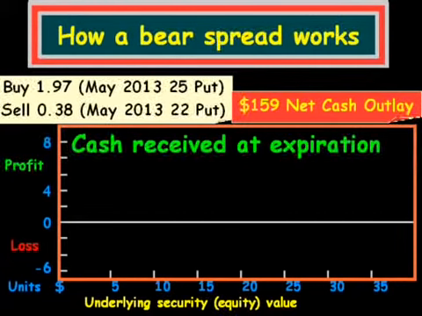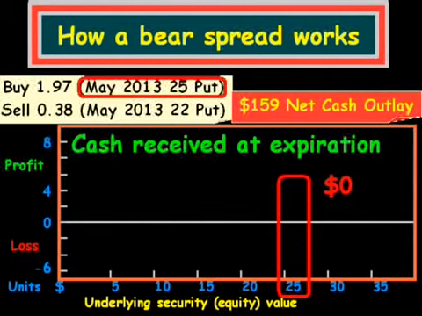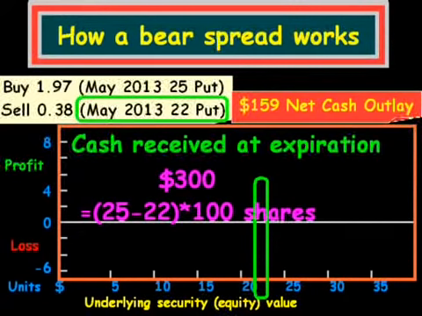Now the next part we're going to take a look at is how much cash we're going to receive at expiration. And to graph that, we need to look at a few points. The first point is the May 25 put. In that case, if the stock price is above 25, we're going to receive nothing, because we don't have any liabilities there. Conversely, if the stock is at 22 or lower, the most we can receive is $300.